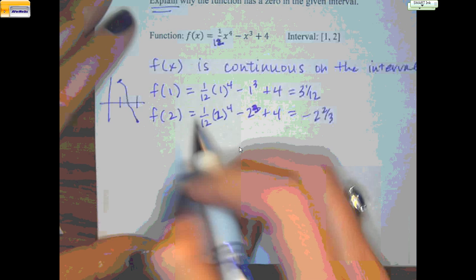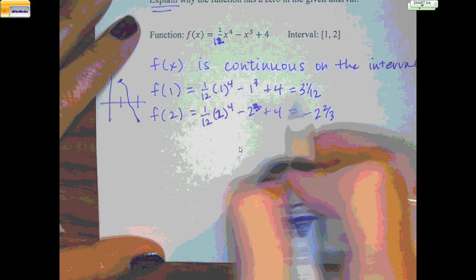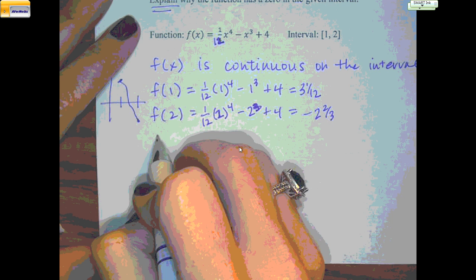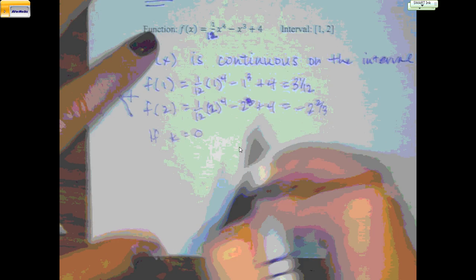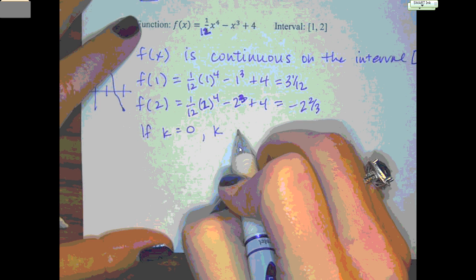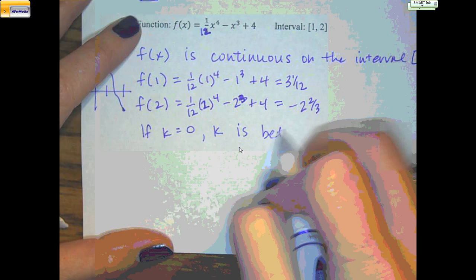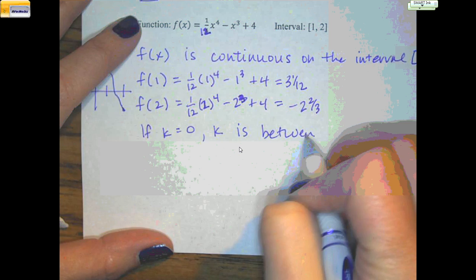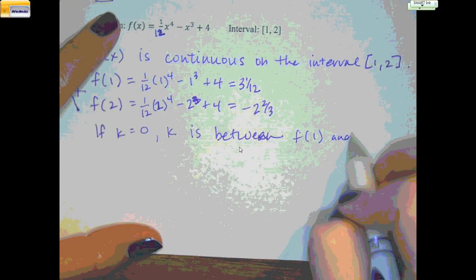So we're going to say we said f is continuous on the interval. We've got a little bit of math here, and we say that if k equals 0, k is between f at 1 and f at 2.